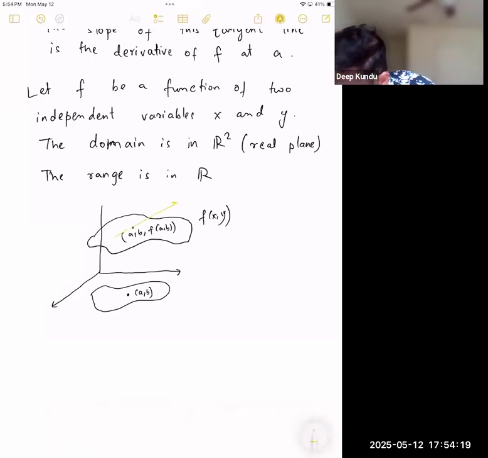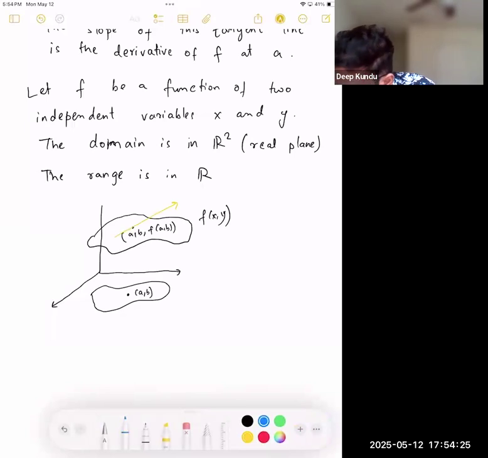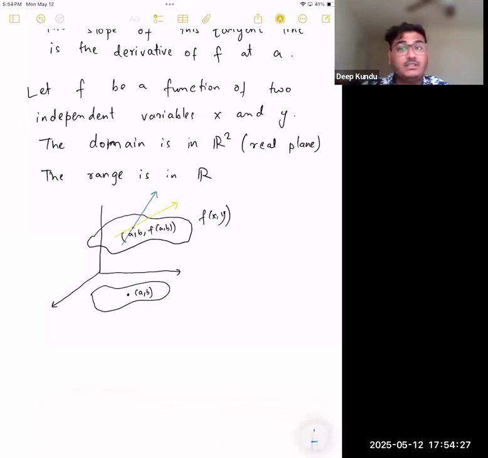This is a tangent line to that surface at that point, but also this is a tangent line to the surface at that point. So unlike the previous case, we have multiple tangent lines in multiple directions. We have infinitely many tangent lines. So which one do we take?